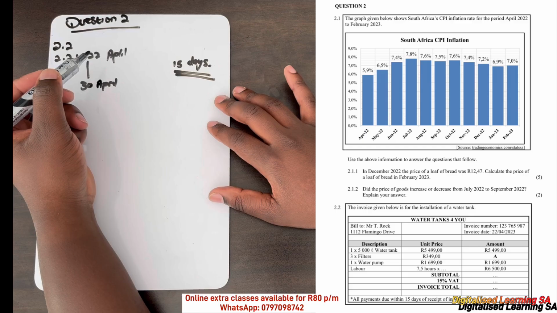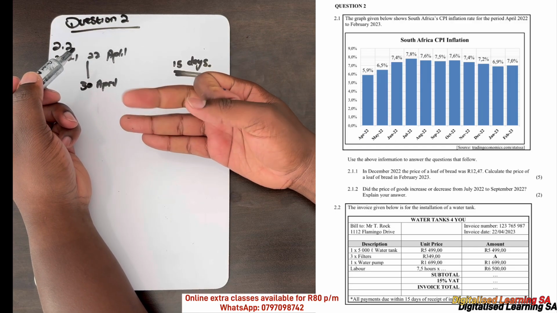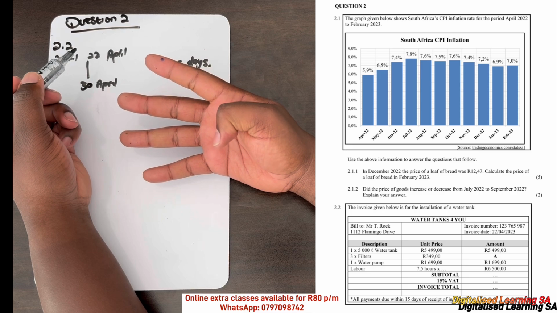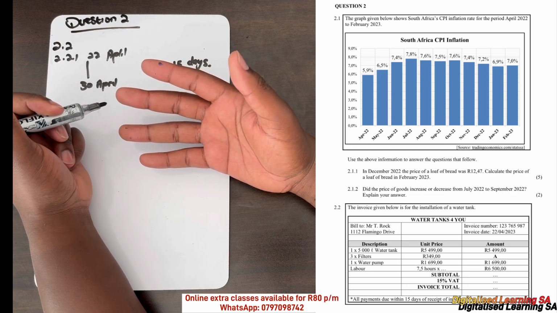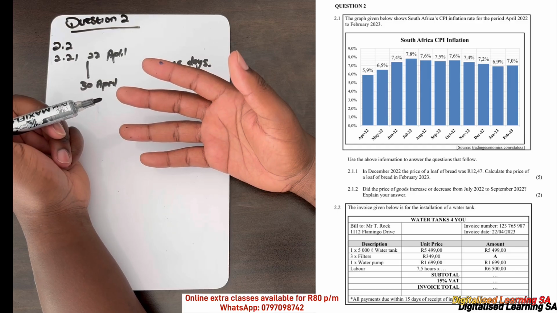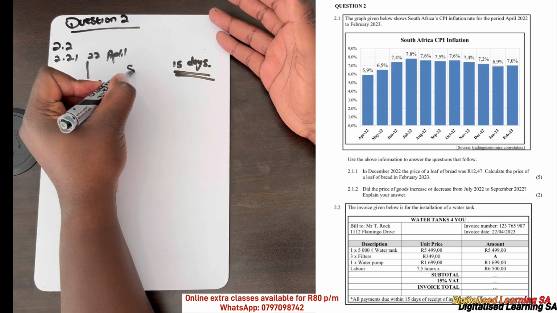So it will be the 23rd, 24th, 25th, 26th, 27th, 28th, 29th, 30th, meaning that in April we'll only count 8 days.